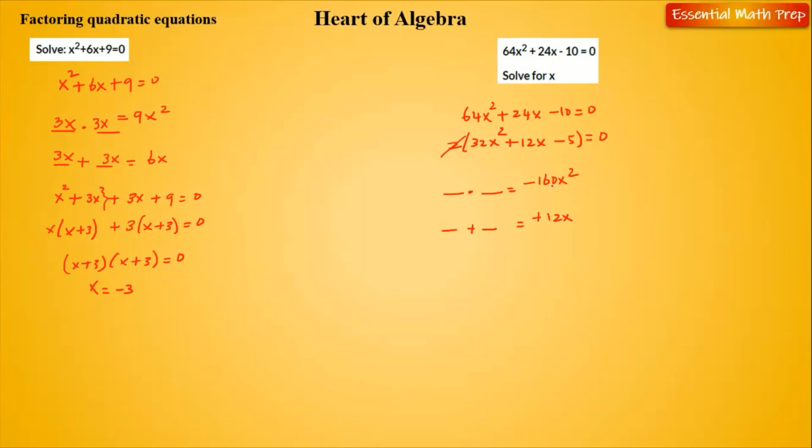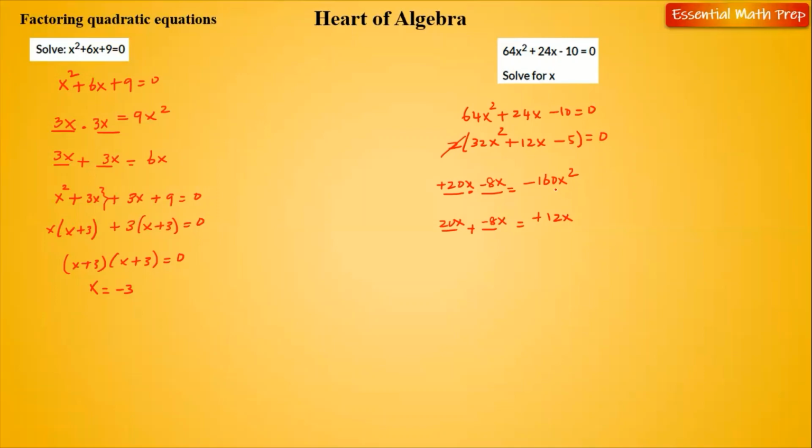Normally if you use factors of 20 and 8, then you get 160. So if we do plus 20x times minus 8x, then you get negative 160x squared. When you add the two terms, you get plus 12x.